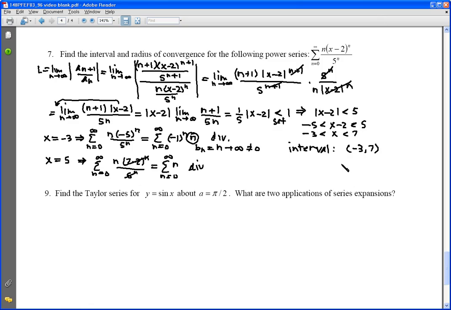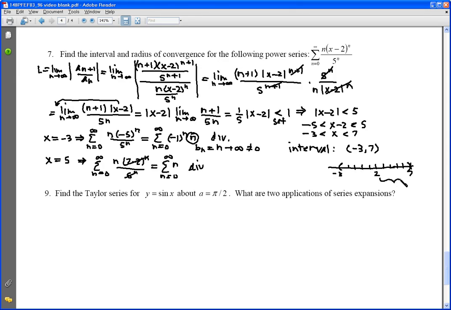Okay, and then the radius of convergence, again, here you've got an interval from negative 3 to 7. Negative 3, negative 2, negative 1, 0, 1, 2, 3, 4, 5, 6, 7. So that's your interval of convergence, and then your 2 should be right in the middle. So negative 2, negative 1, 0, 1, 2, 2 right there.